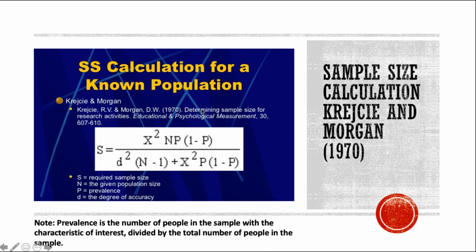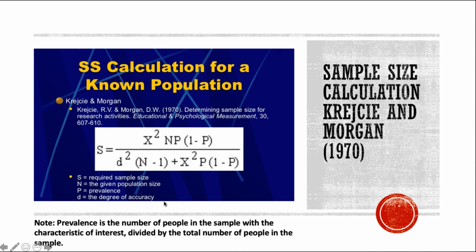Another formula that is also really famous is Krejcie and Morgan, 1970. Actually, I use it in my research a lot. It is a little bit more complicated than the previous one. N is the population, right? P is the prevalence, and the prevalence is the number of people in the sample with the characteristic of interest. If you are talking, for example, about homeless people, it is how many homeless people, divided by the total number of people in the sample.